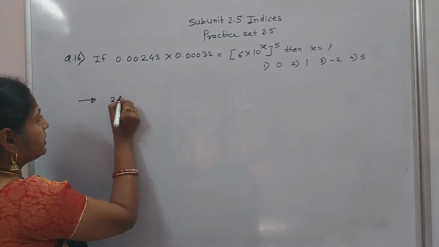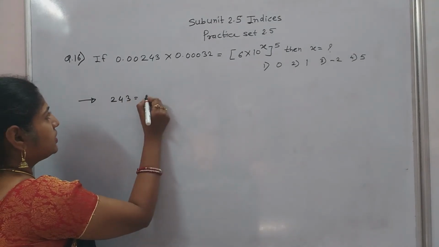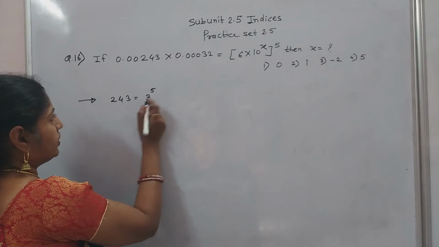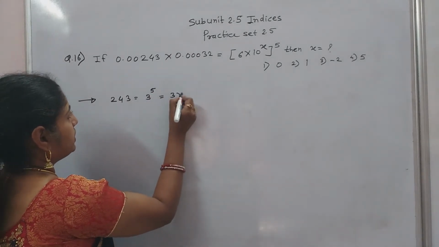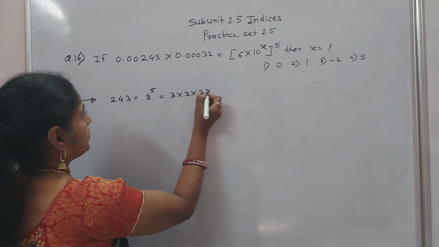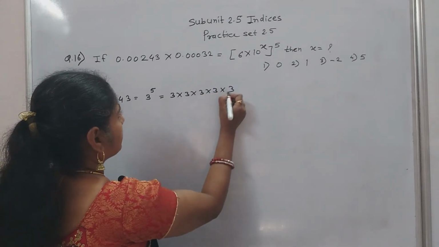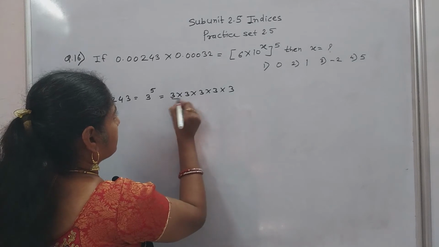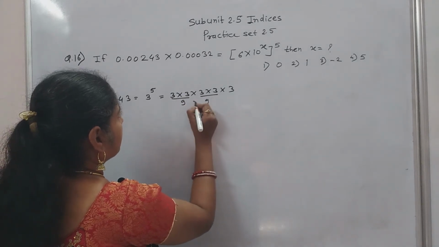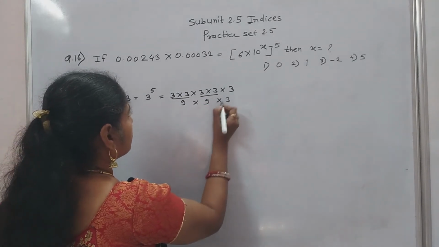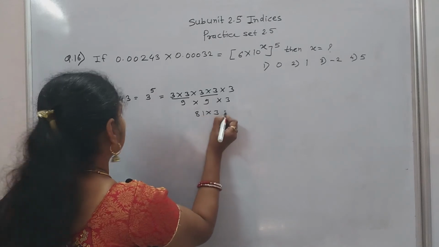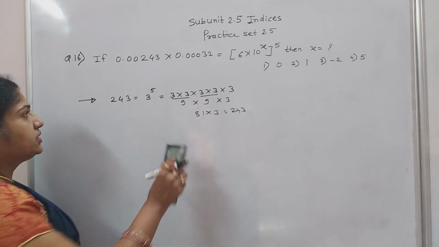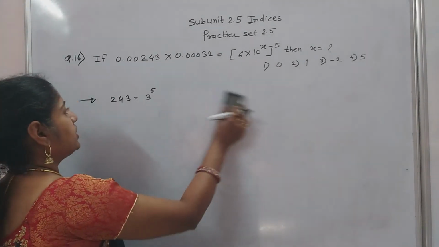Now 243, it is 3 raised to 5. 243 equal to 3 raised to 5, 3 into 3 into 3 into 3 into 3. 3 3s are 9, 9 3s are 27, 27 3s are 81, 81 into 3, that is 243. So 243 is equal to 3 raised to 5.